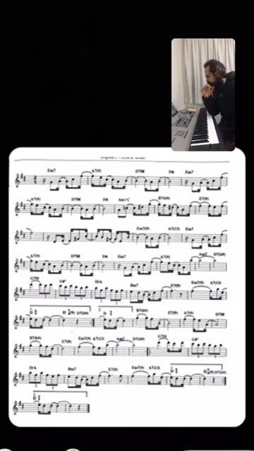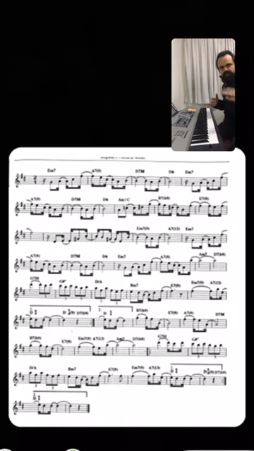So I've worked on this phrase, and for example, some of you can say, this is very easy for me. I have no problems reading the notes, but I have problems with the rhythm. So if you have problems with the rhythm, it's really important to try to understand it.